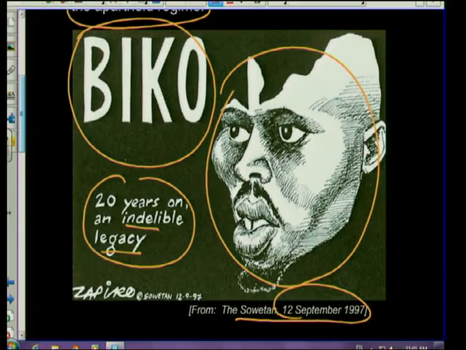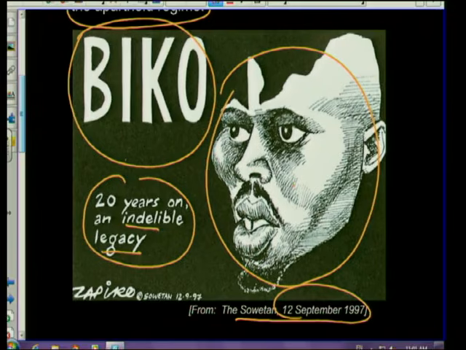Let's ask ourselves, what is the source about? It's about Steve Biko, a picture of him, very boldly pointed out, his name, Biko, given to you, and the caption.